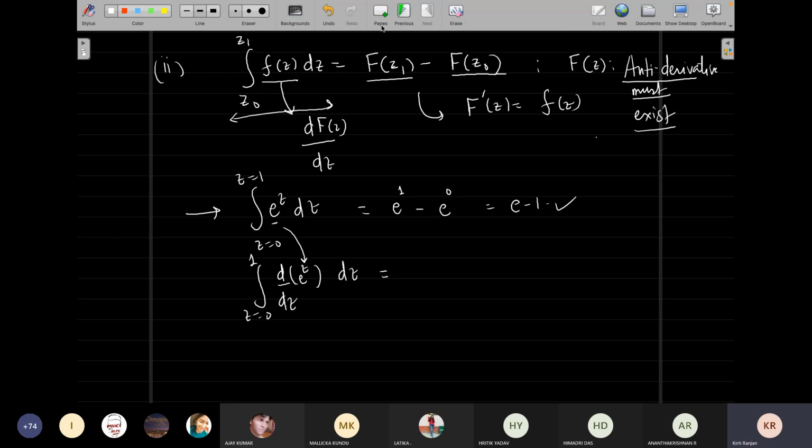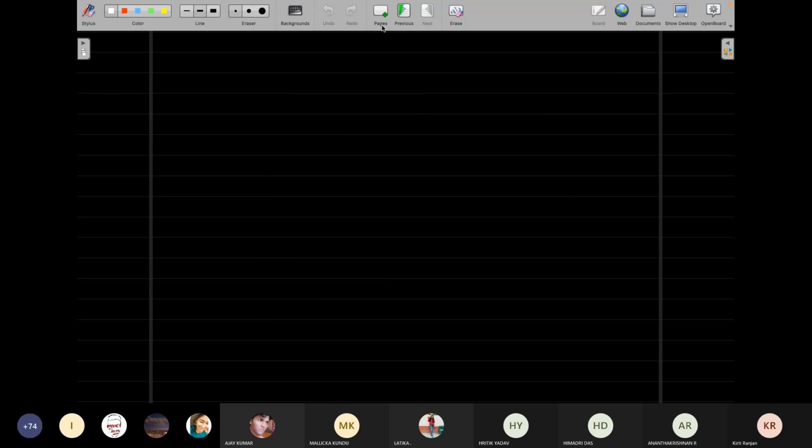Let's see if we have other consequences. What if I try to apply the Cauchy-Goursat theorem in doubly connected domains?